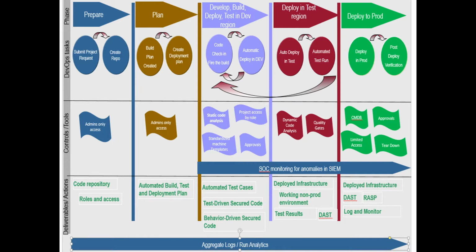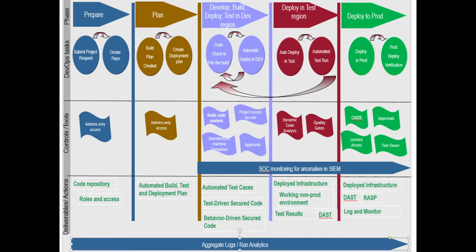The second row is the controls and tools you can use to have some controls over them. And the last part is the deliverables, what gets delivered. So this is a kind of pipeline framework, and you can choose what makes sense for your company, so that everybody understands what needs to be done and who has access to which area.